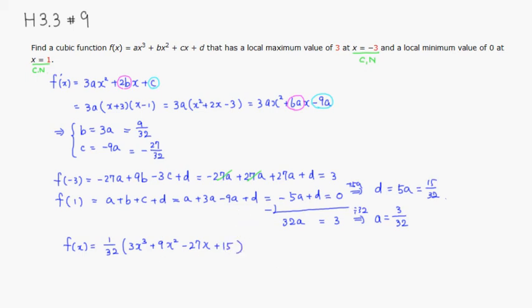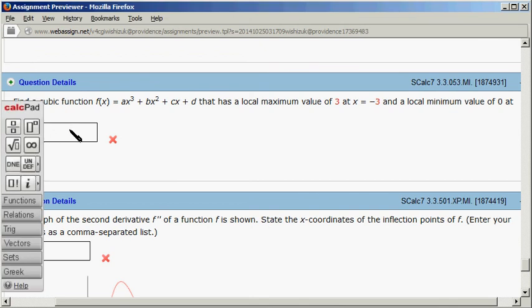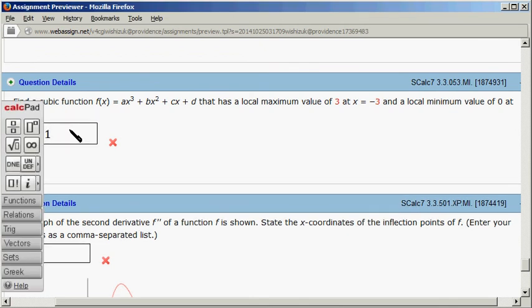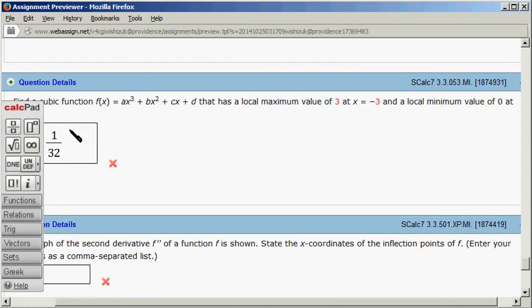So let's type it in: 1 over 32, then a parenthesis, 3x cubed plus 9x squared minus 27x plus 15.